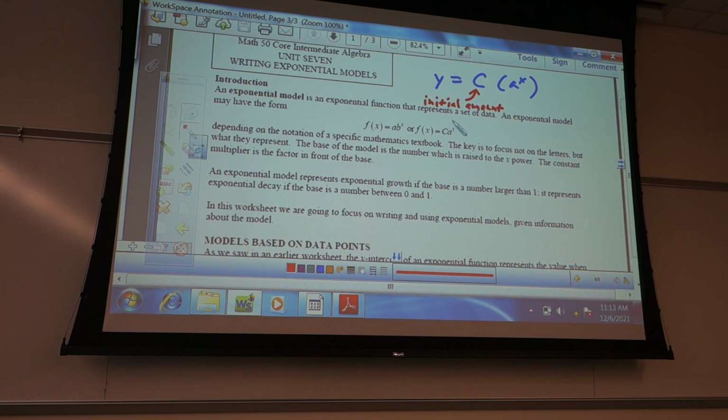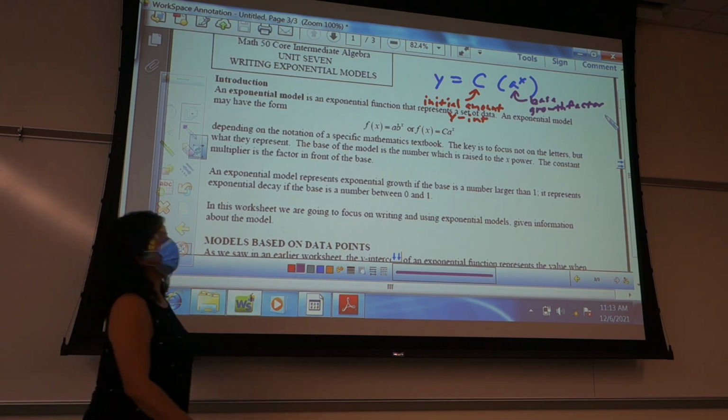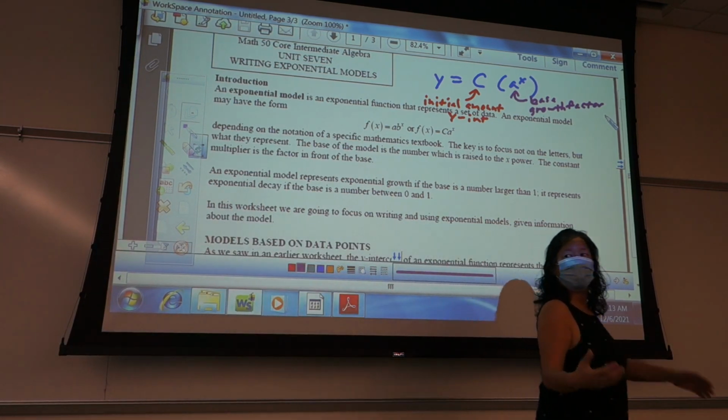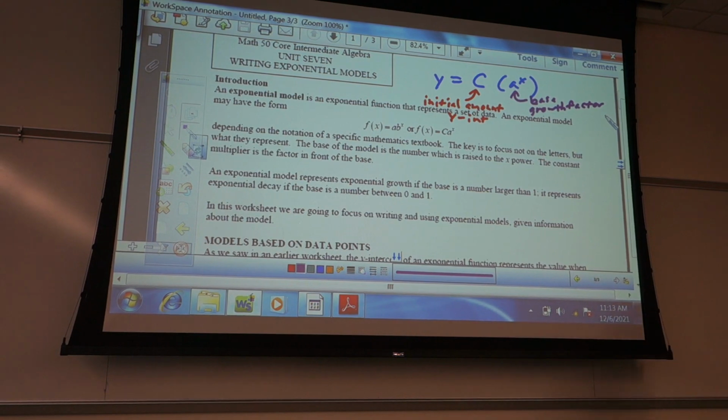Also known as your y-intercept. And this is your base, which is also known as your growth factor. It's sometimes called the decay factor if it makes it decrease, if it's less than 1. But either way, it's your factor.